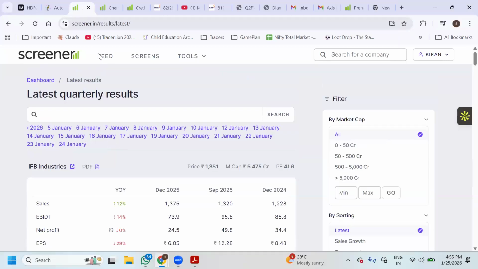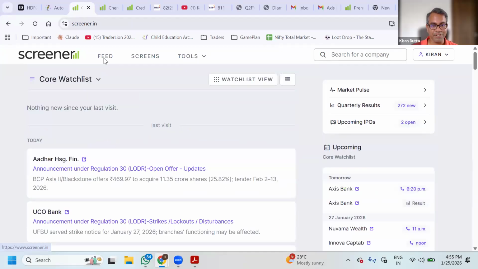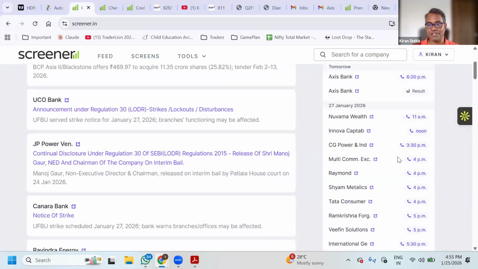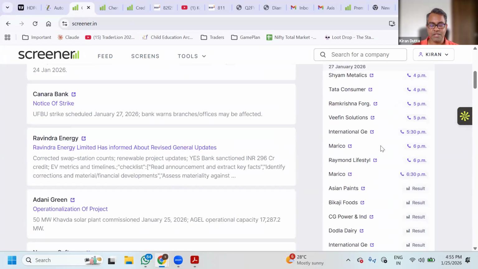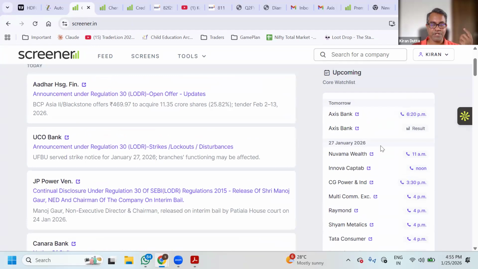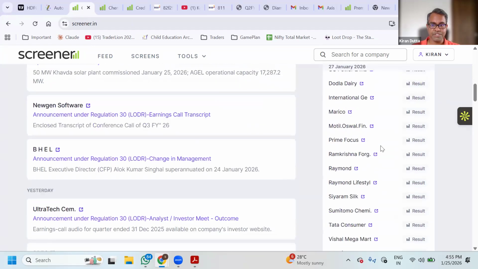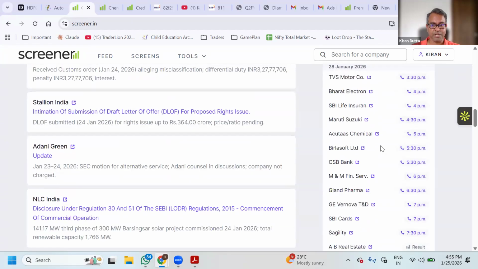Now going forward, one exercise that I want you guys to do every day, until the earnings season is over, right? I think we have a very good solid earnings season coming through, because until now I think banks reported, IT reported, most of the stuff. FMCG has to report, autos has to report, so if you see, these are all the upcoming earning calls, right?